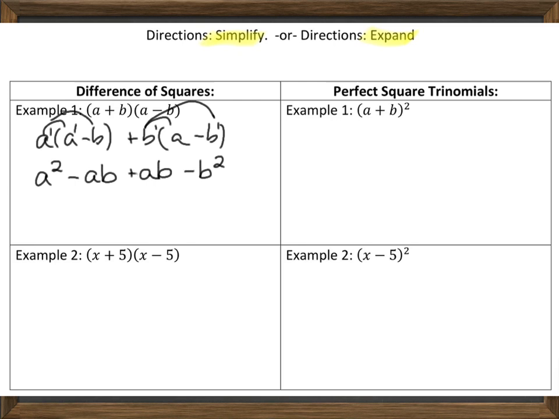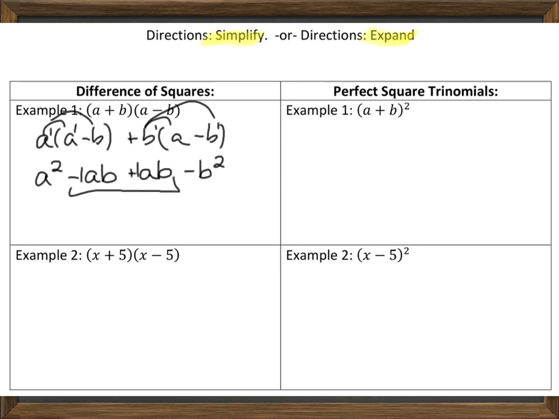Remember, the reason that we care about order when we write our variables is that it makes it easier for our human brains to recognize and identify like terms. In other words, if I had written this as ba, I might not realize that these two things are like terms. However, if I write it as ab, then it's easier for me to see that the inner terms do combine.